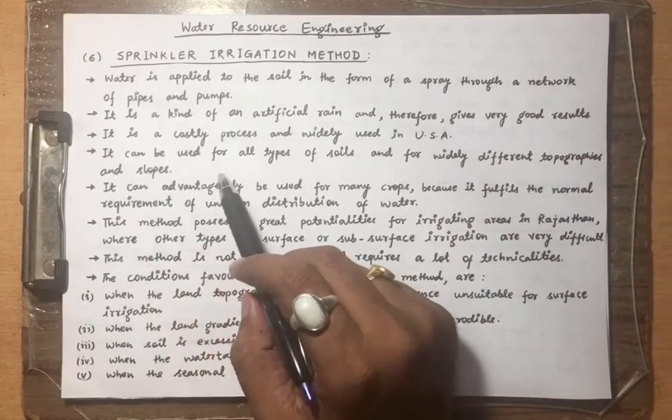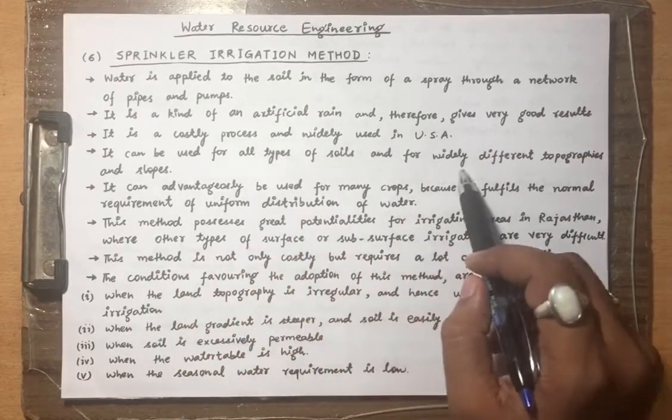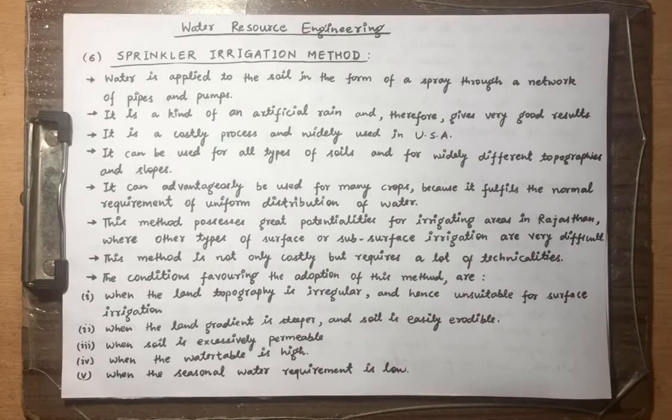It can be used for all types of soils and for widely different topographies and slopes because the water which is being sprayed can be controlled by us. If the permeability is high, we will increase the rate of flow. If the permeability is very low, then we can reduce the rate of flow.